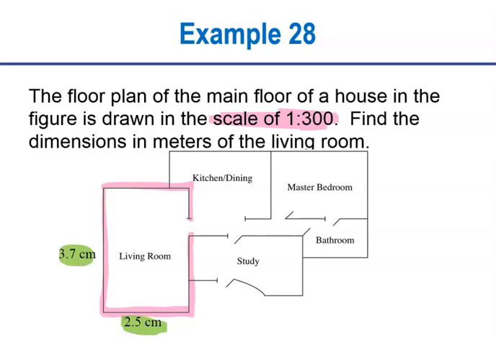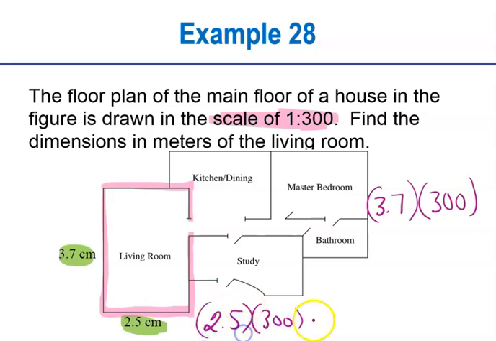Now, this is a scale of 1 to 300. So the actual living room is 300 times the size of what's been given. So this is the 1. So we're going to take 3.7 and then we're going to multiply that by 300. And for the bottom, we're going to take 2.5 and multiply that by 300.